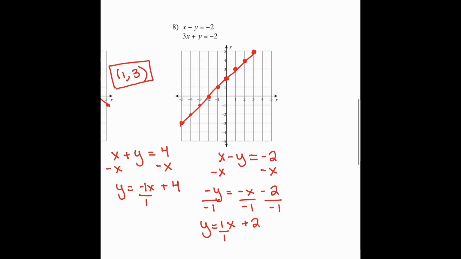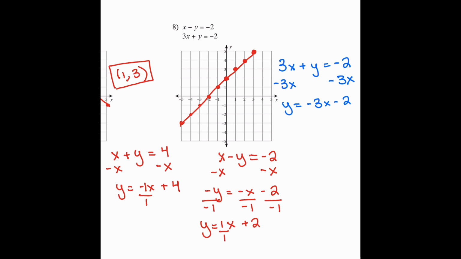For my second equation, I have 3x plus y equals -2. I'm going to start with subtracting 3x to either side. And because y is all by itself, then I am done.